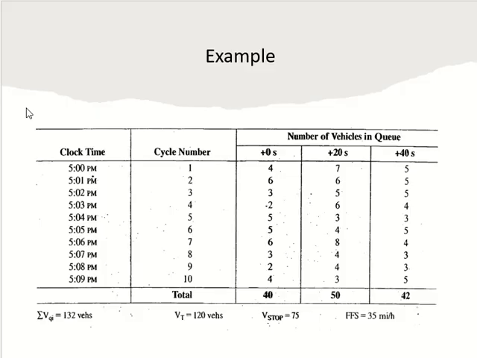This is an example. So you can see the clock time, the cycle number. How much is the interval between the two observations?